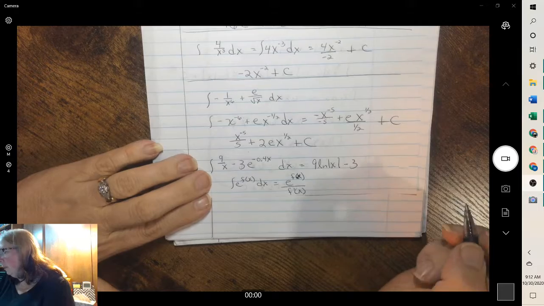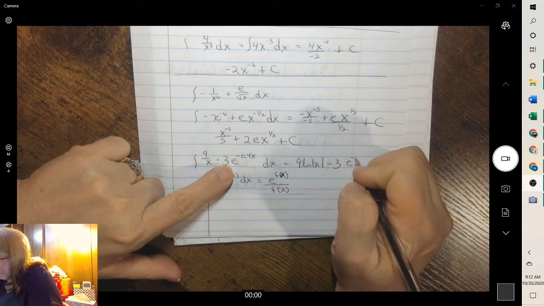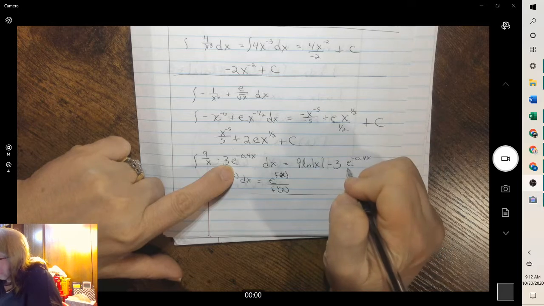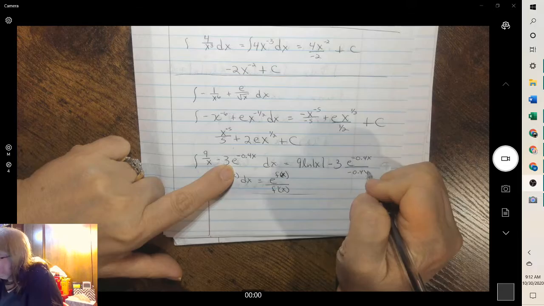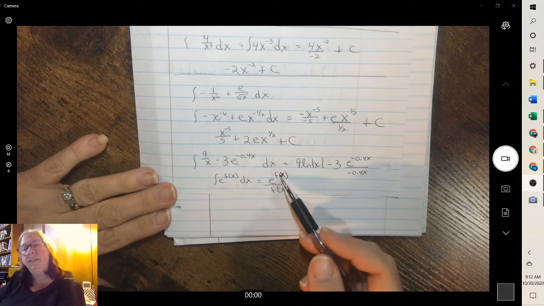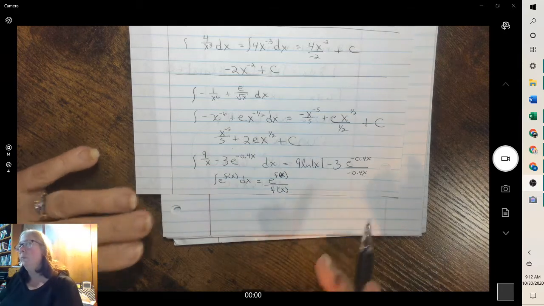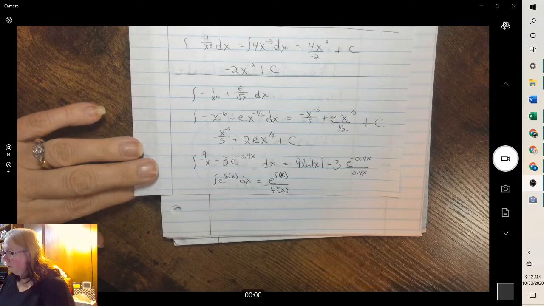So this would be e to the -0.4x over -0.4. So you take the function as it is, but then divide by the derivative. Remember before we multiplied by it, now you have to divide by it.